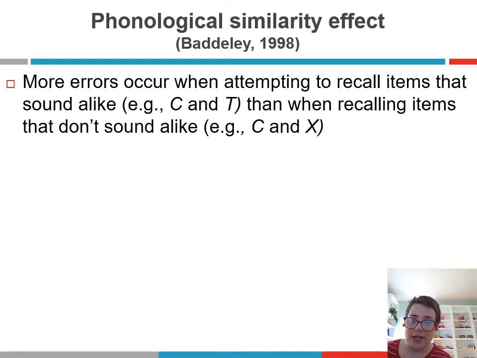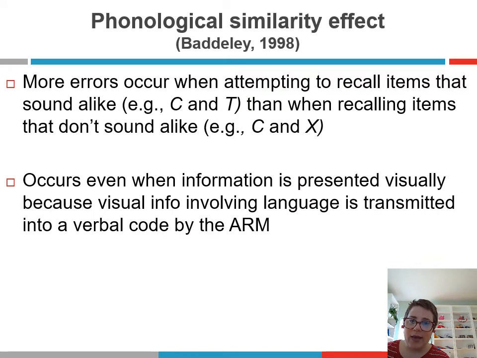So they found in this particular study that participants tend to make more errors when attempting to recall items that sound alike, like C and T, rather than when recalling items that don't sound alike, like C and X. And this occurs because even when information is presented visually, that visual information involves language, right?